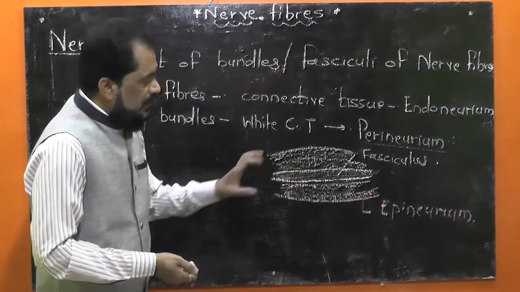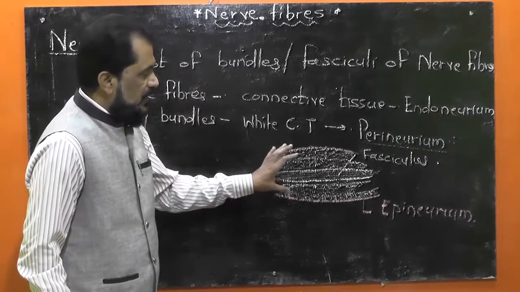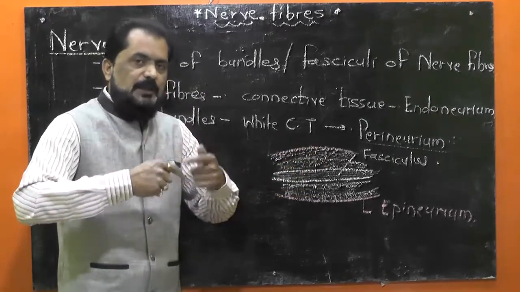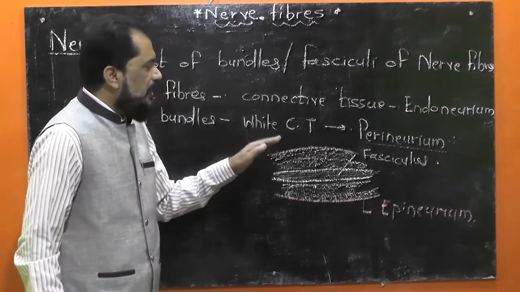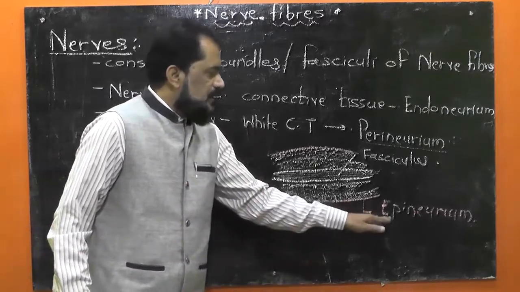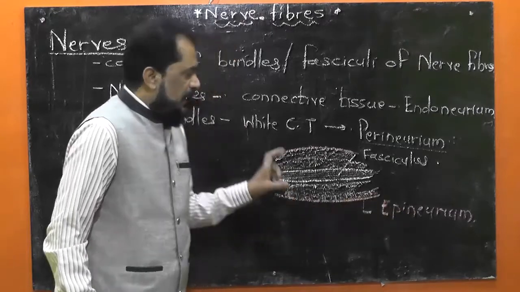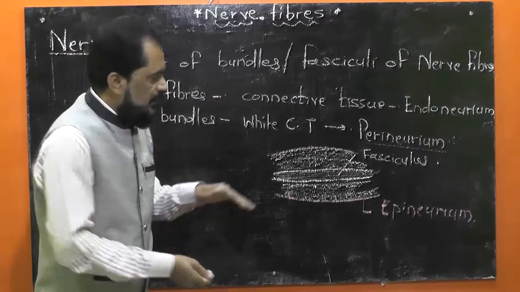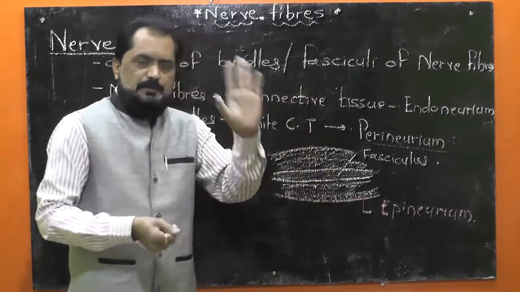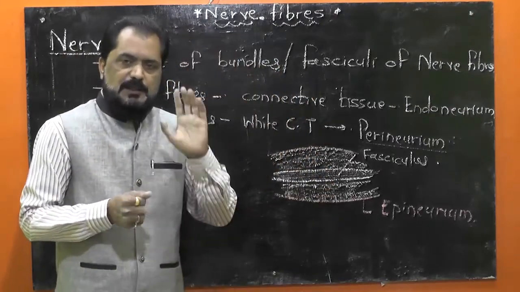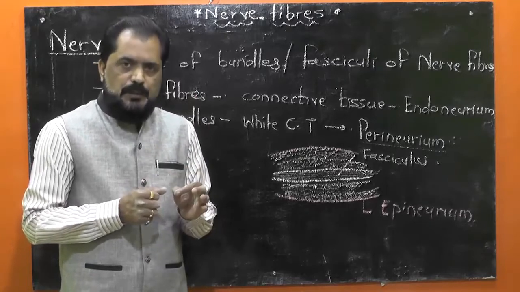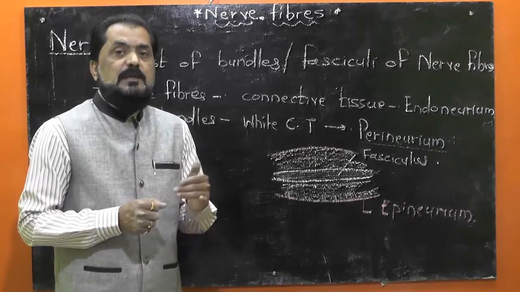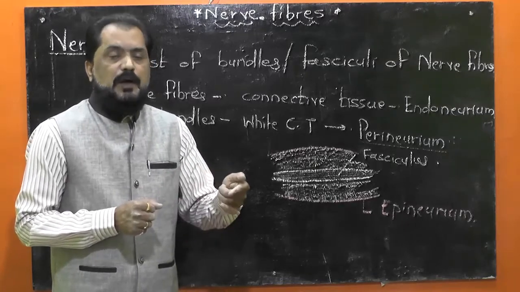It means in this structure there are many bundles of nerve fibers wrapped in a sheath of white fibrous connective tissue, that is the epineurium, and this structure represents the nerve. We have to remember that a nerve is formed of many bundles of nerve fibers.